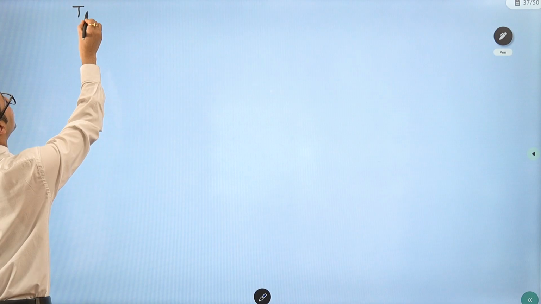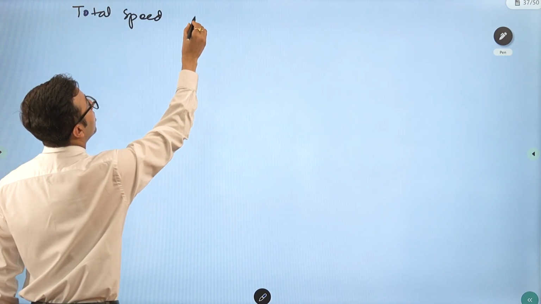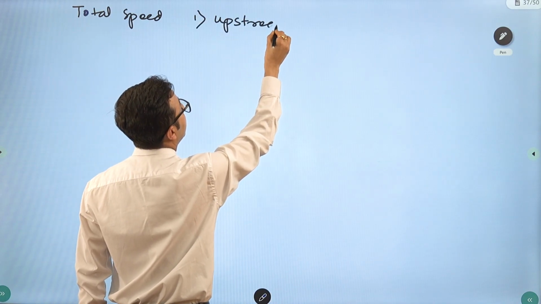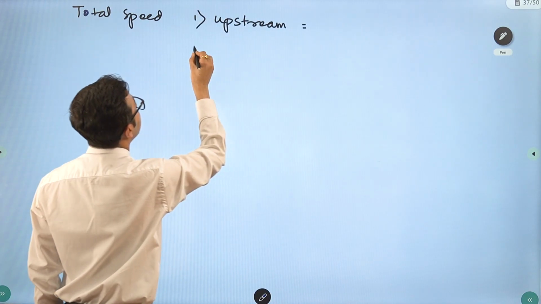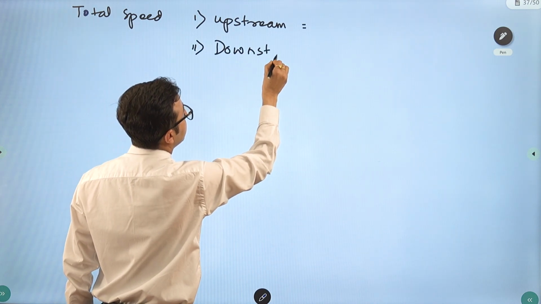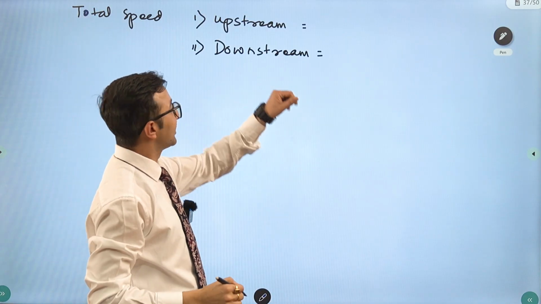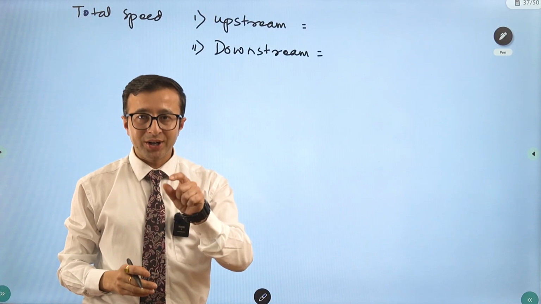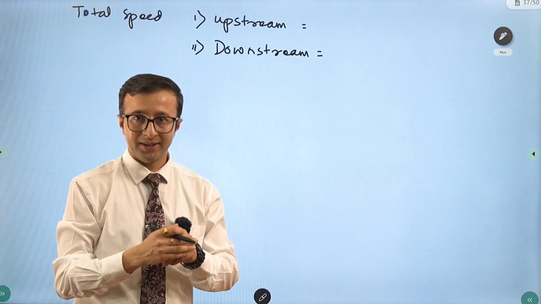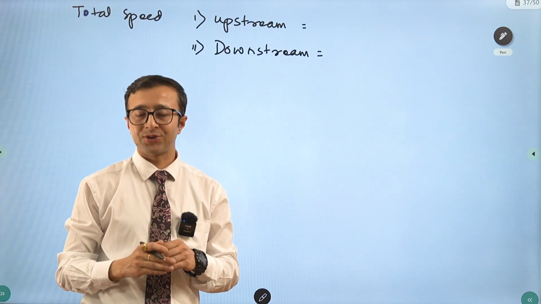First, we will find the total speed in two cases: number one, upstream, and second, downstream. First, we'll do downstream. In downstream, your speed and the speed of stream will be added. I repeat, the speed of boat and speed of stream will be added.